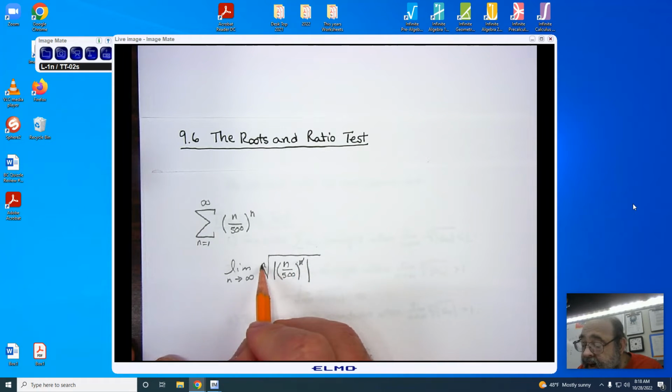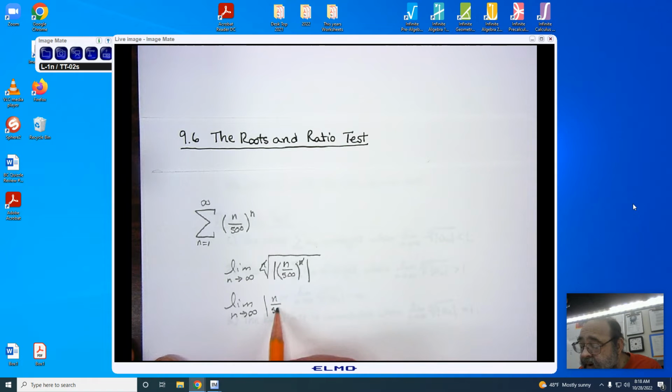Now these n's are going to cancel, leaving me with the limit as n approaches infinity of the absolute value of n over 500. And when I do this, we can clearly see that it's going to be infinity. And because I'm getting infinity, I know that I have a divergent series by the roots test.